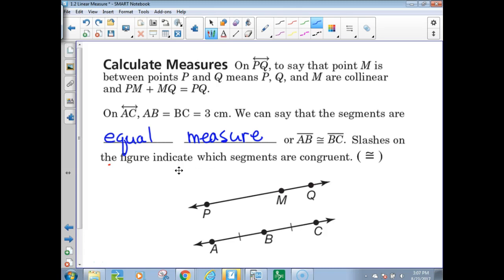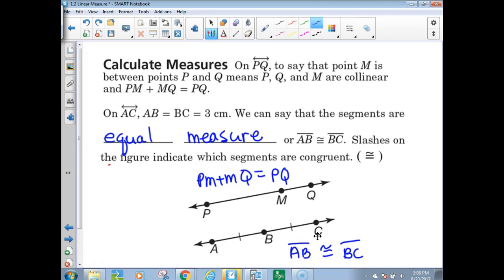Slashes on the figure indicate which segments are congruent. So the slashes matching mean they're congruent. On this diagram, PM and MQ are not congruent. But on this diagram, segment AB is congruent to segment BC. Only thing you can say about this one is that PM plus MQ equals PQ.